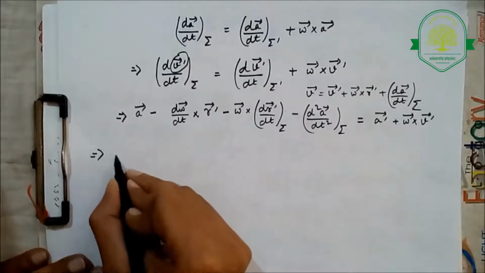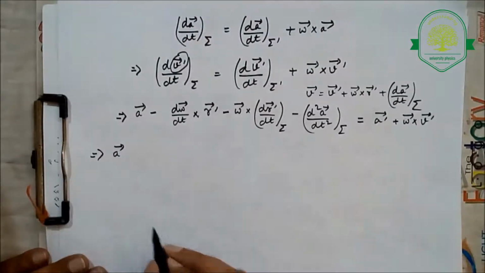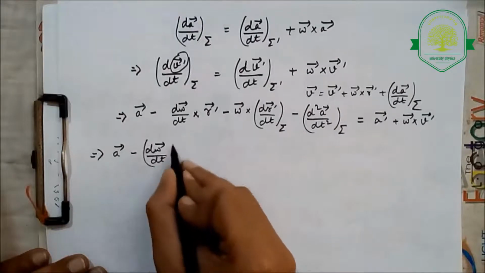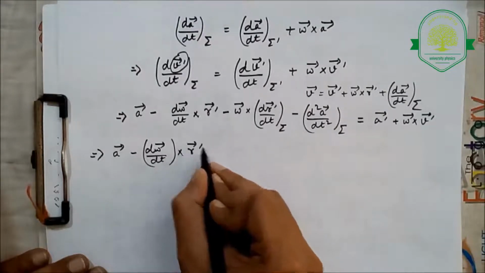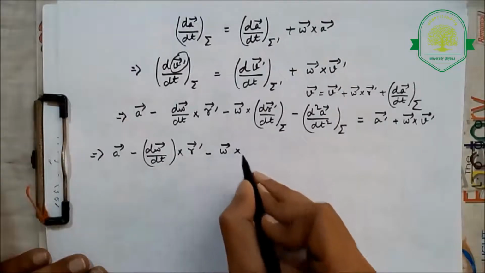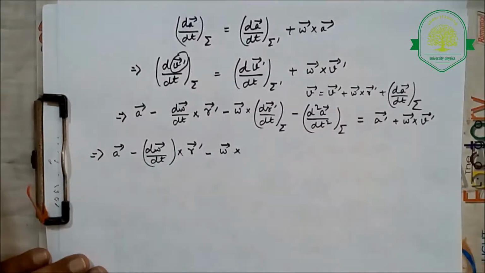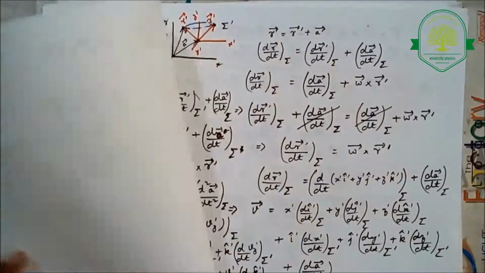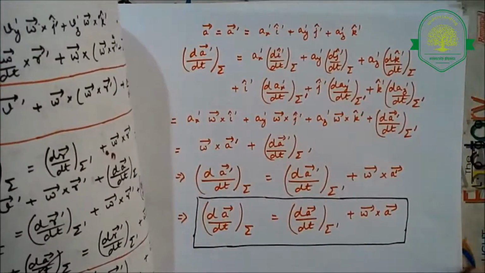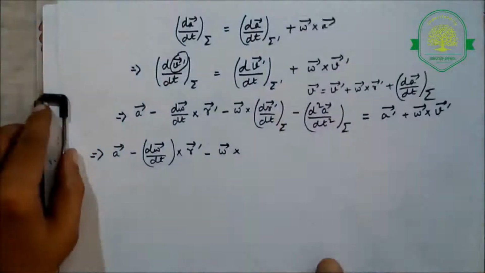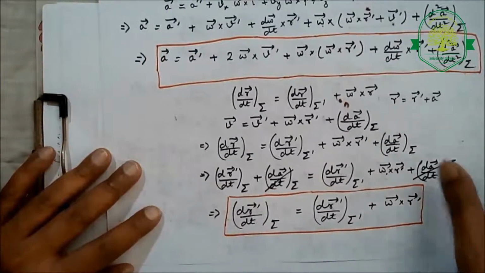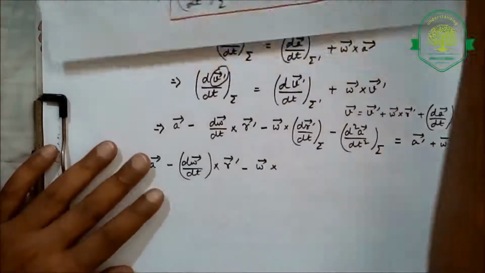So this now gives us a vector minus d omega over dt cross r primed minus omega cross, now what is dr primed over dt? We have just seen that dr primed over dt is given by this equation at the bottom.